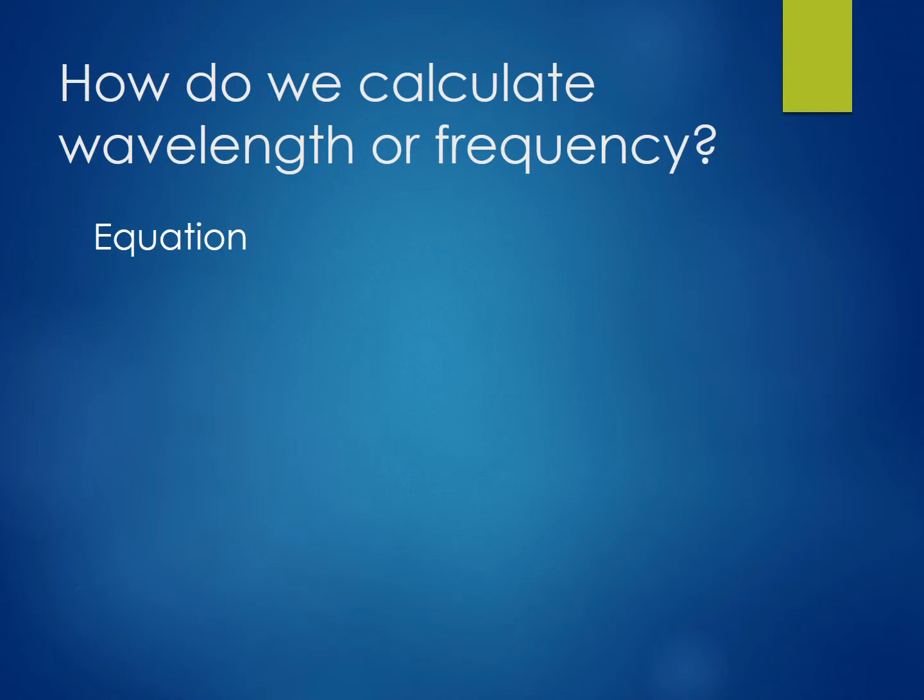So how do we actually calculate wavelength or frequency? There's an equation. The equation is c equals lambda times v. c is a constant, which is actually the speed of light. That's our constant.